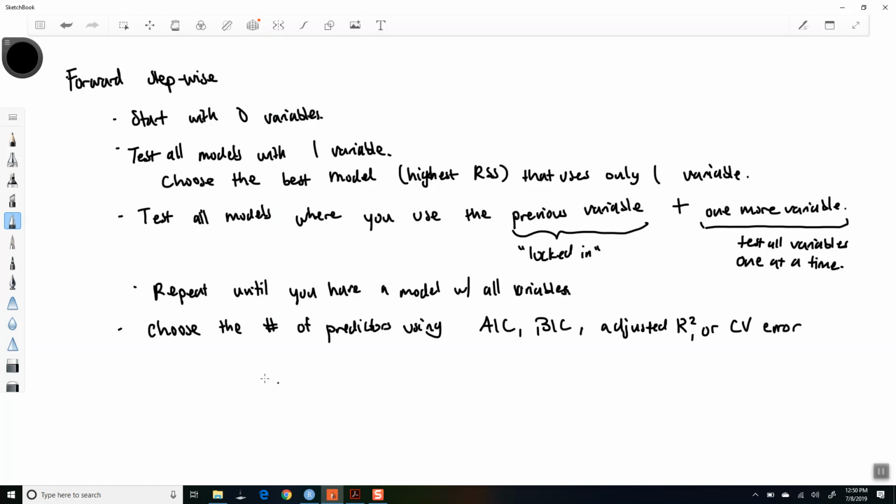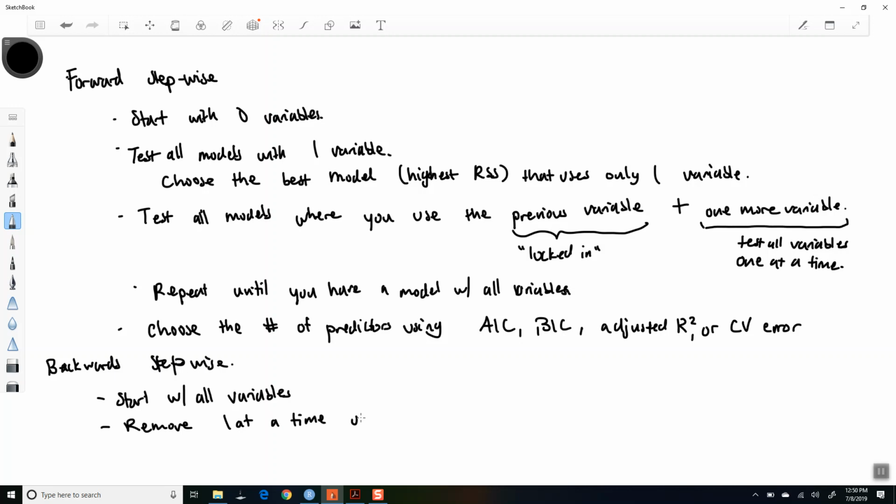Okay, and then backward stepwise is the same thing but backwards. Start with all variables, remove 1 at a time, until 0 variables.